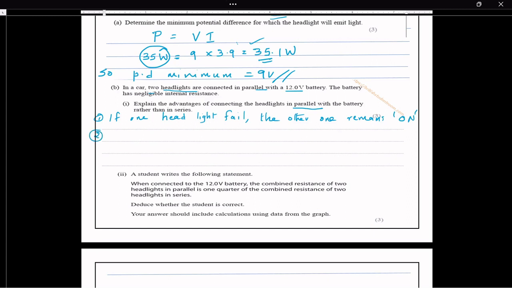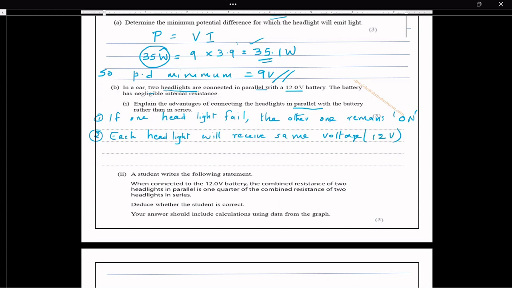Now the second advantage: you studied that in a parallel combination each component gets the same voltage. So each headlight will receive the same voltage, the same battery voltage of 12 volts.